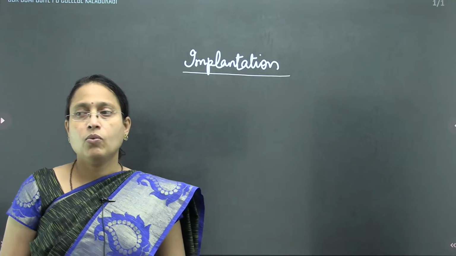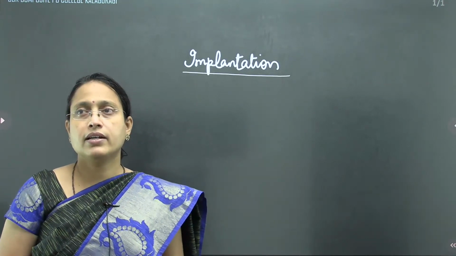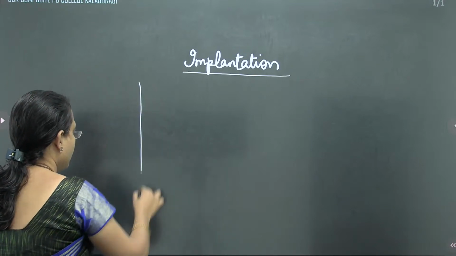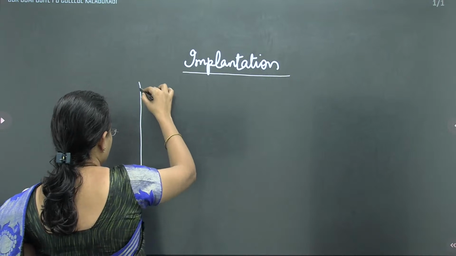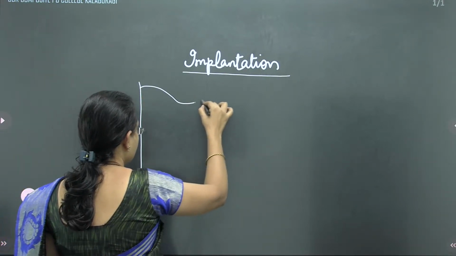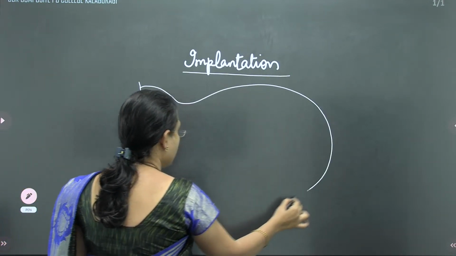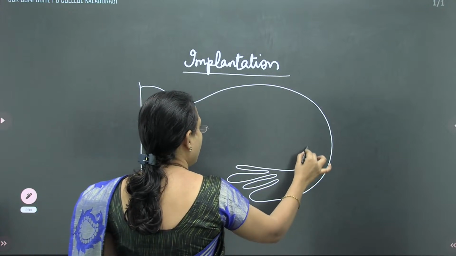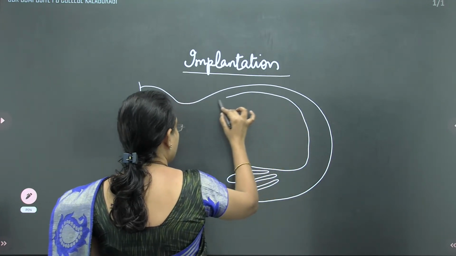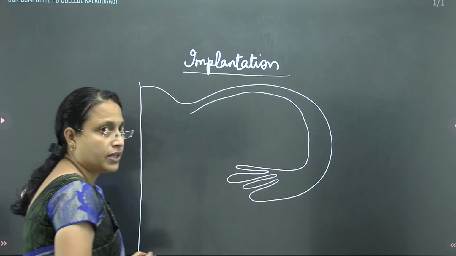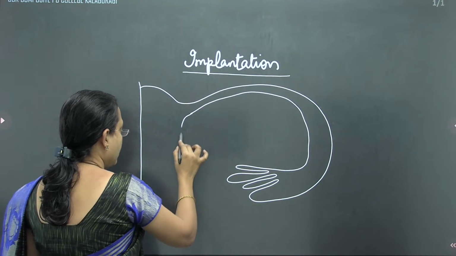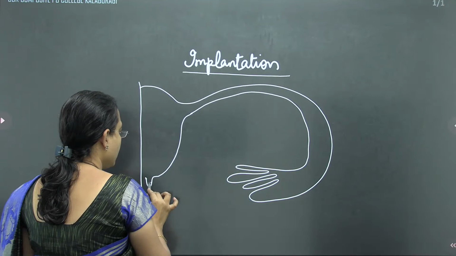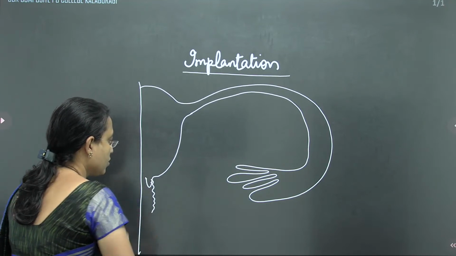Now, what are the various events that lead to implantation? For that, I'm going to draw a diagram. This is the fundic region of the uterus. Again, as usual, these are the fimbriae, the ampulla, the broadest part, and the narrowest part, the isthmus. Then comes the uterus, the cervix, and the vagina.